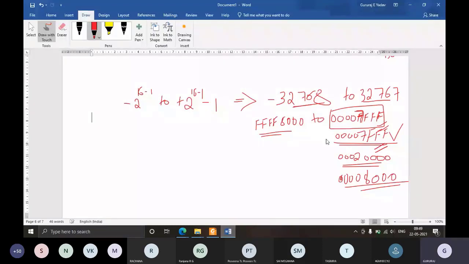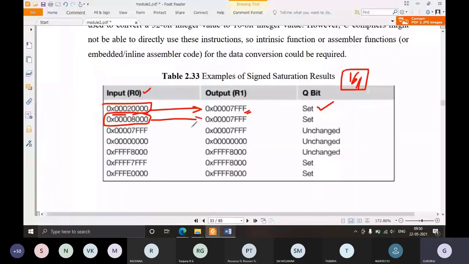The maximum value you can represent is 407FFF, but this is 408000. This value is out of range, out of the positive range. So hence what will happen? Again, it is rounded off to the maximum positive value that can be represented, and the sticky saturation bit, the Q bit, will be set, again indicating saturation has taken place.